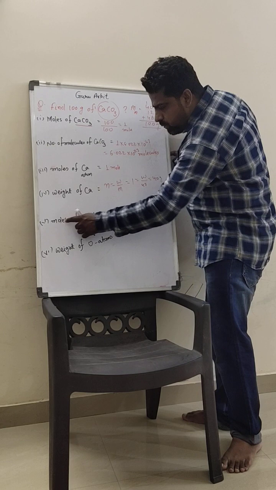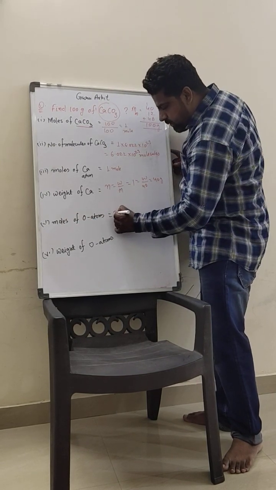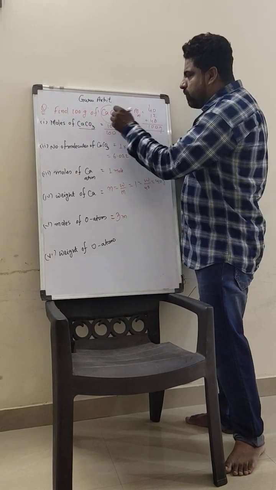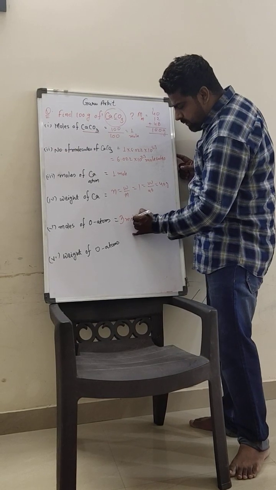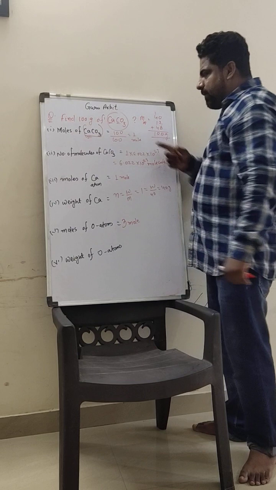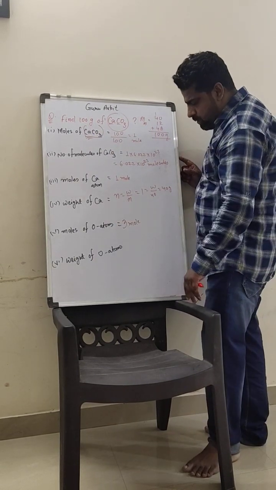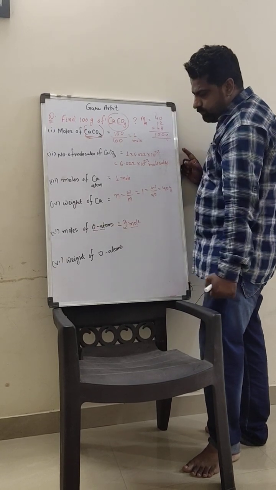So the moles of oxygen atoms in CaCO3 is 3 times the calcium carbonate moles. By multiplying with 3, the number of atoms present of O, there are 3 moles of oxygen atoms.